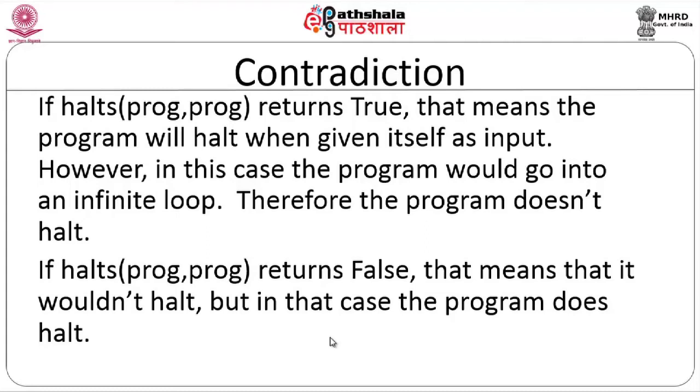In mathematical logic, if you state P is true and in the proof somewhere not P is also coming as true, then that means it is a contradiction. So, using this contradiction, which states that P as well as not P can't be true at the same time, we can say that this is not decidable. Therefore, the conclusion of this is that the halting problem is not solvable at all.